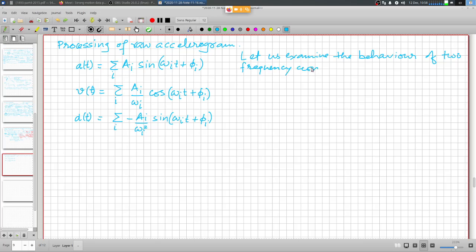Two frequency components during this process of deriving velocity and displacement from acceleration.